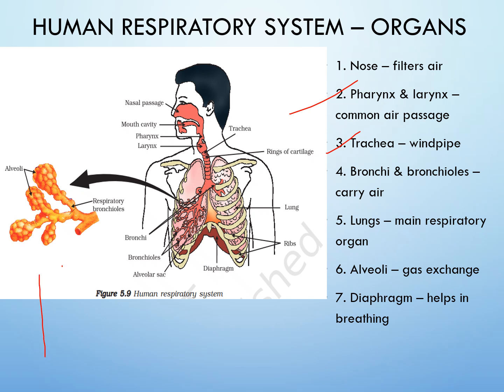Trachea is supported by cartilaginous rings. So the question often comes, why is trachea covered with cartilage rings around it? And the answer to it is to prevent the trachea from collapsing.